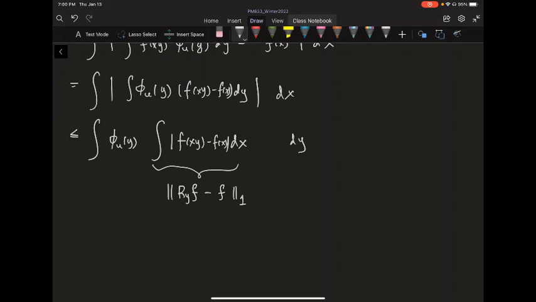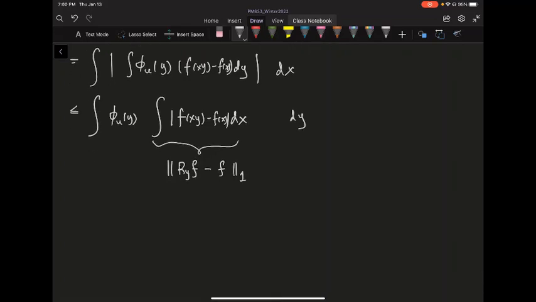So this is going to be bounded above by the integral of phi of y, and you do this 1 norm of the right translation of f and the difference to f. And by the choice of phi of y, it is only supported on u, so I can say this is integrated over u. So this whole thing is going to be bounded above by the supremum, the sup of y inside u, of the 1 norm of r_y f minus f.